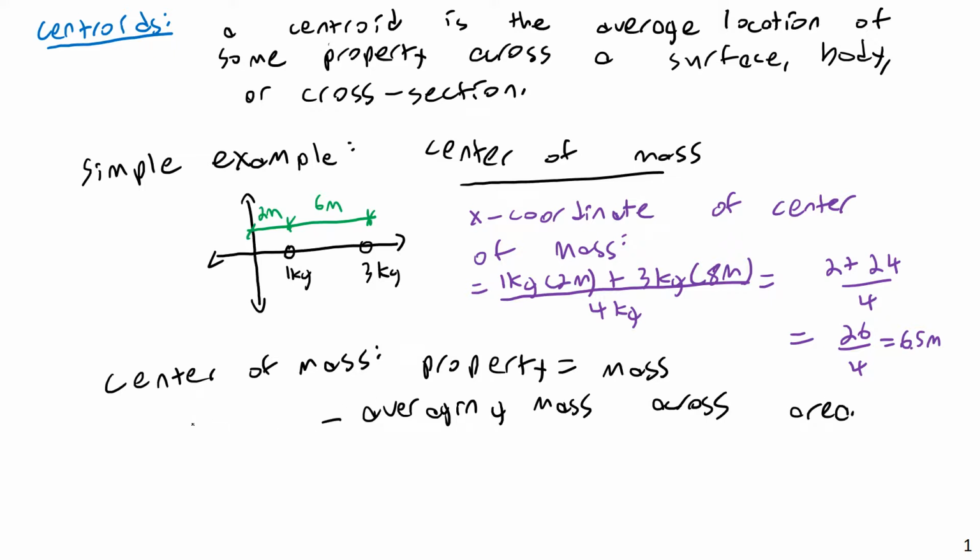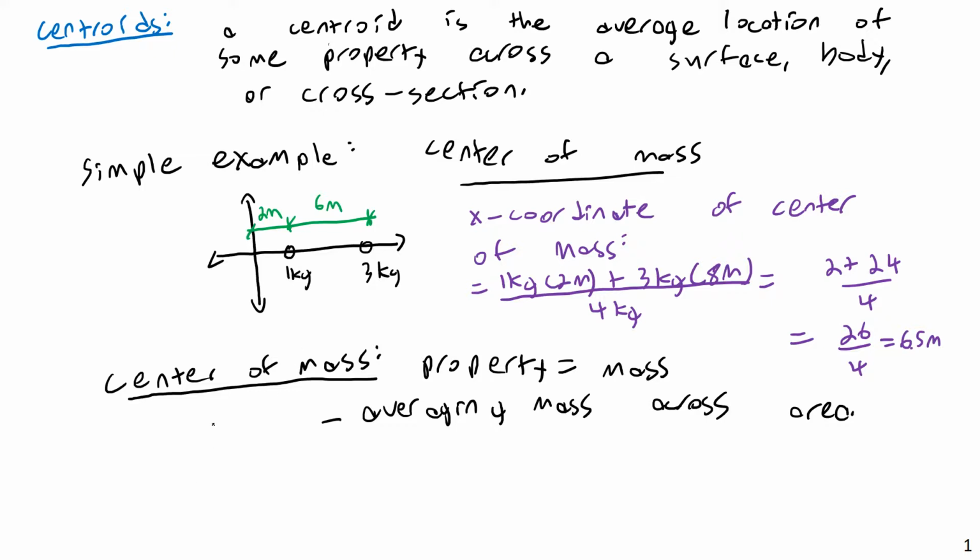So you've probably heard of centers of mass before, but centers of mass are specific to mass. They are talking only about the distribution of actual mass or mass energy across a plane or a volume or whatever it might be. Sometimes in your calculus classes, you might have even much more complex examples of this.